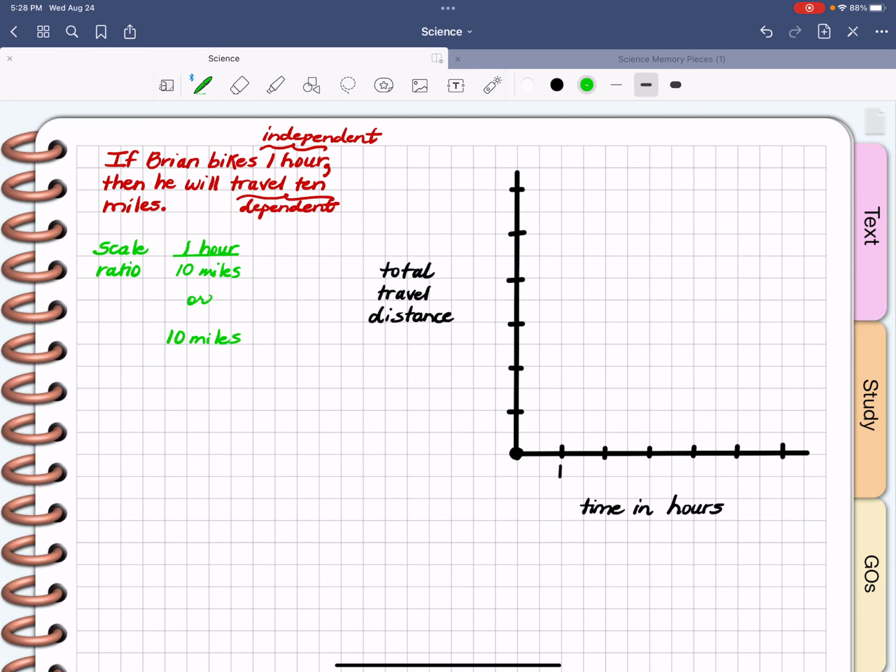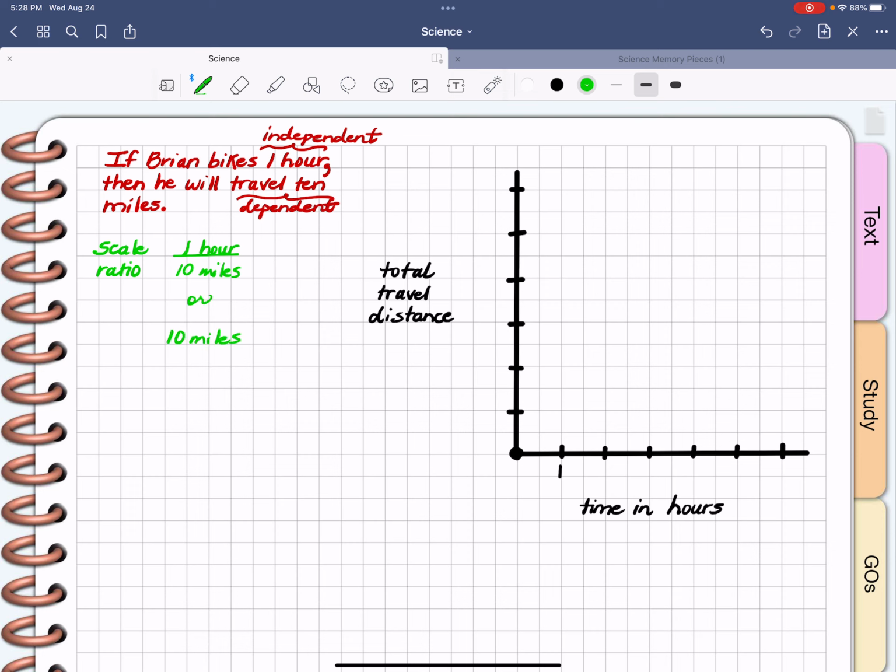Okay, there's the independent variable. Here's the dependent variable. So that if-then statement does hold true. Your scale ratio for this one is dollars to days. So he's getting a refund of $25 every day.